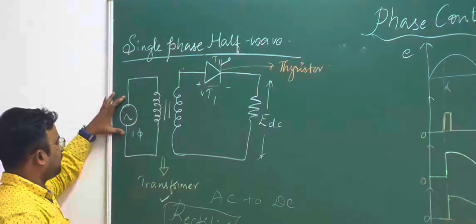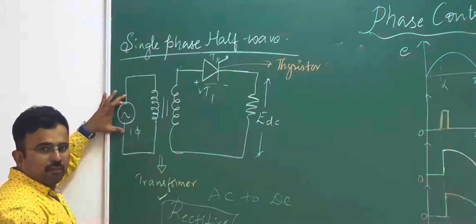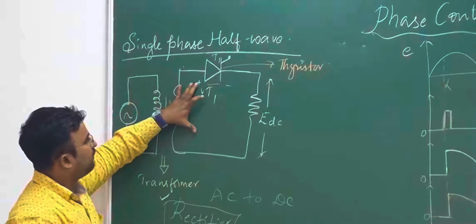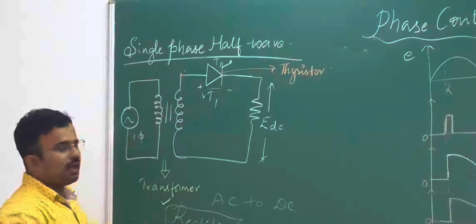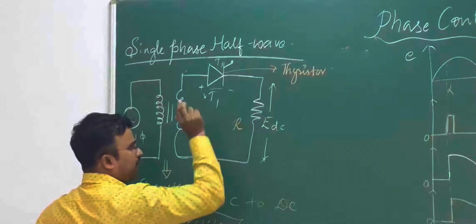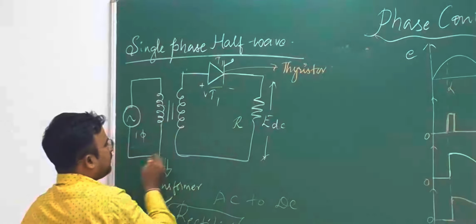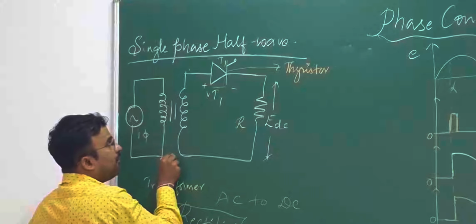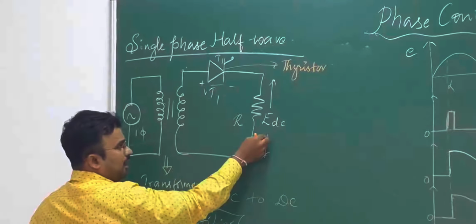So how does the device work? The AC mains input voltage, along with the transformer, is fed to the thyristor, and this is of course a resistive load. The circuit comprises AC mains, the step down transformer, the thyristor, and the load.